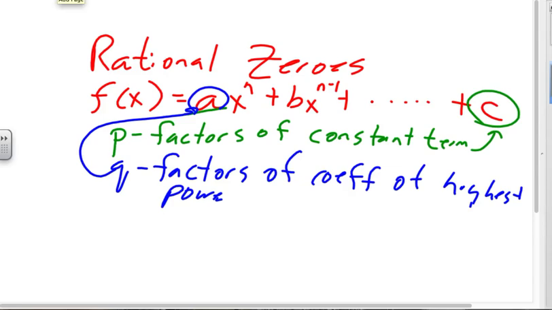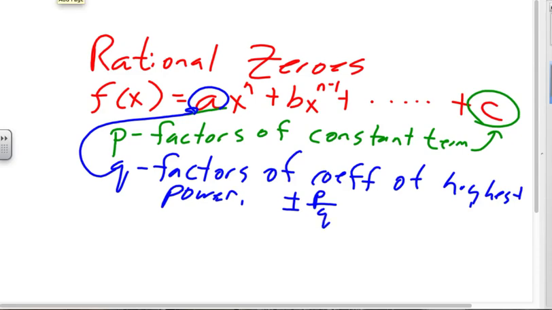And these rational zeros are going to be plus or minus some factor of p over some factor of q.